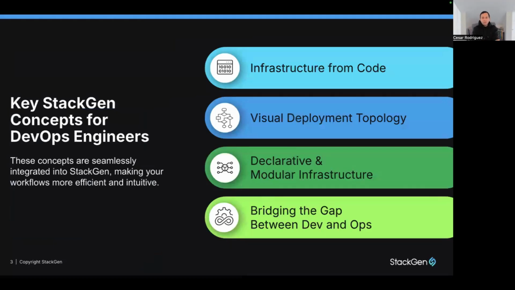All right, so within StackGen, we designed the system to make infrastructure management seamless by eliminating a lot of those manual processes, and we enable automation at scale. We want to empower engineers to focus on innovation rather than what I like to call, using a technical term, the boring stuff.